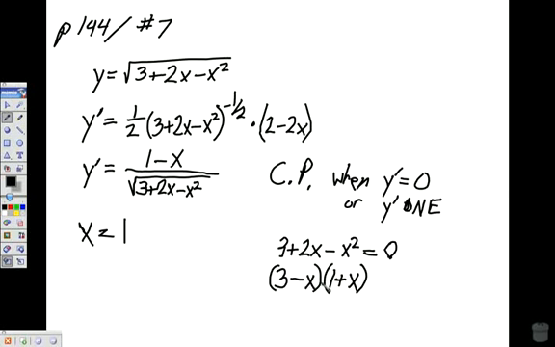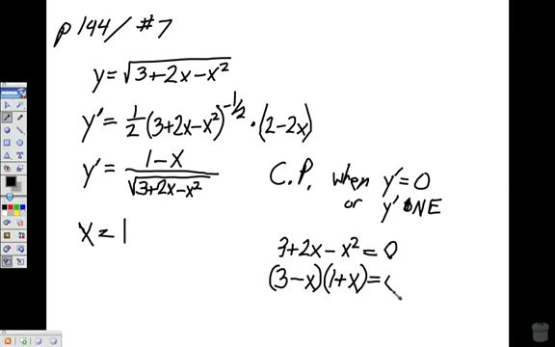3 minus x times 1 plus x will give us this if you FOIL it back out. 3 times 1 is 3. You get a negative x on the inside and a positive 3x on the outside, so that's positive 2x. And then you have negative x times x, that's negative x squared.